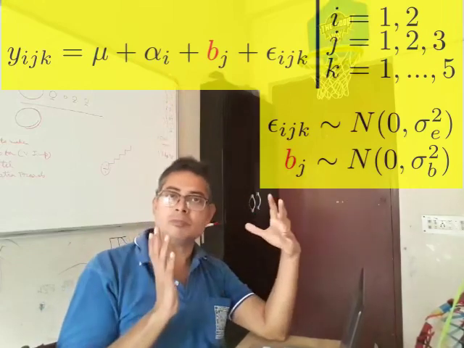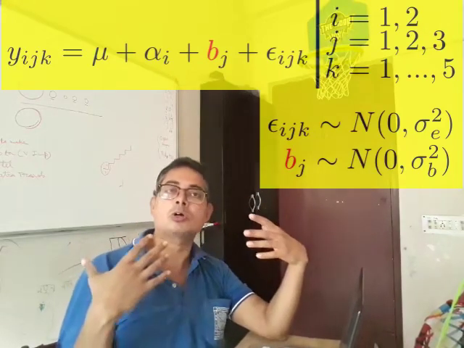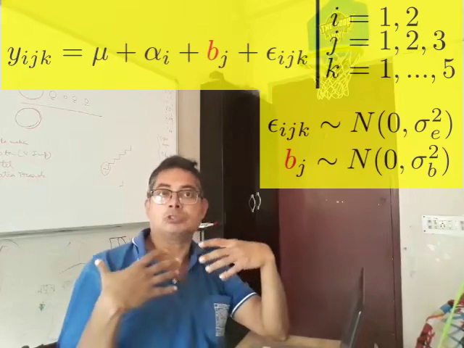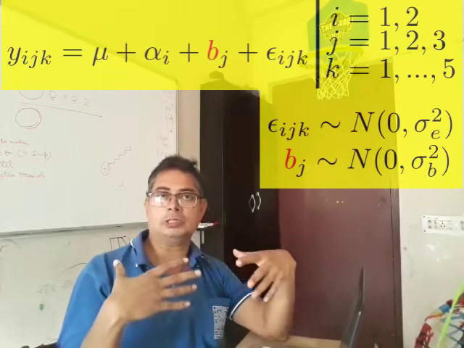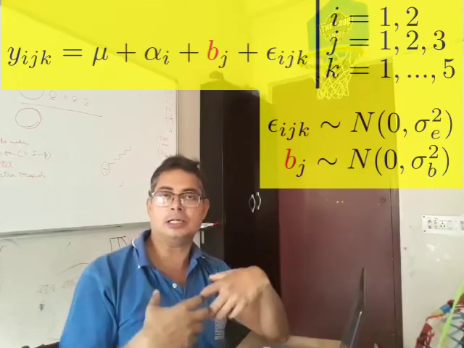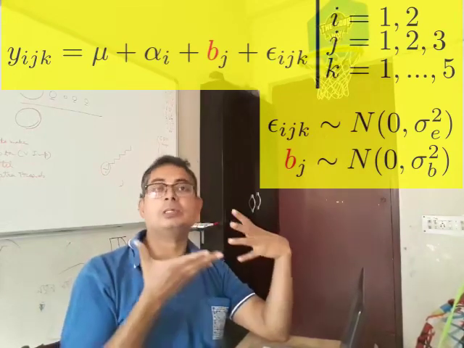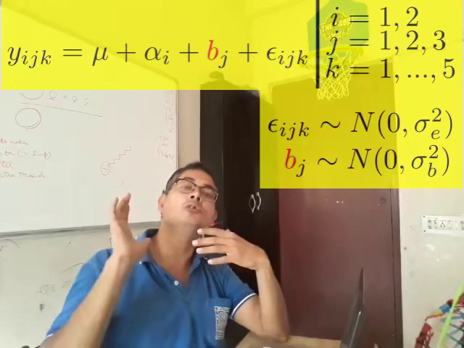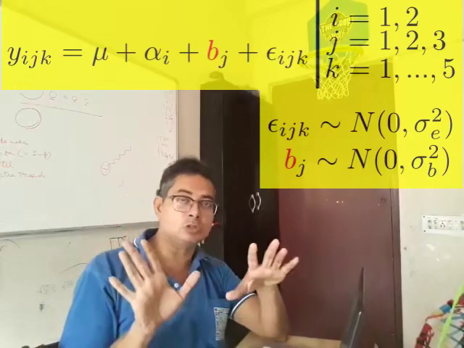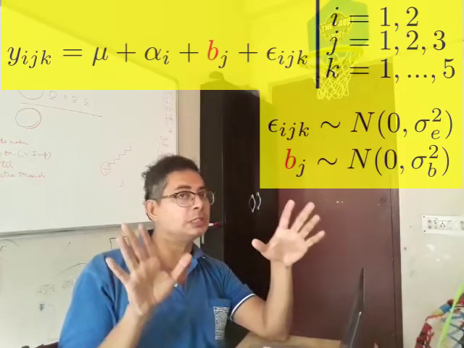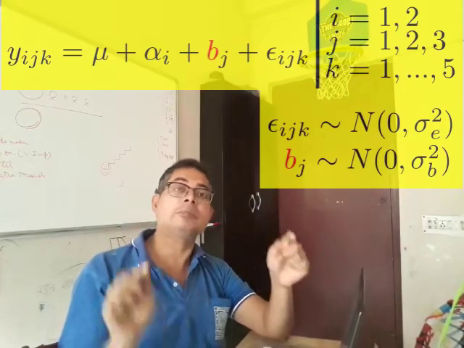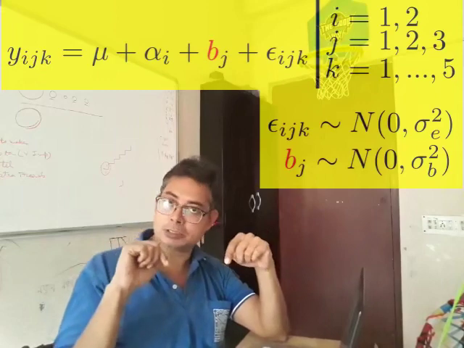So this way of modeling mimics more closely our thought process behind the entire thing. We know that the villages are chosen randomly, so their effects must be random quantities. But the two varieties are not chosen randomly. They are of main importance. Whoever is going to use the report will be interested in specifically those two varieties.